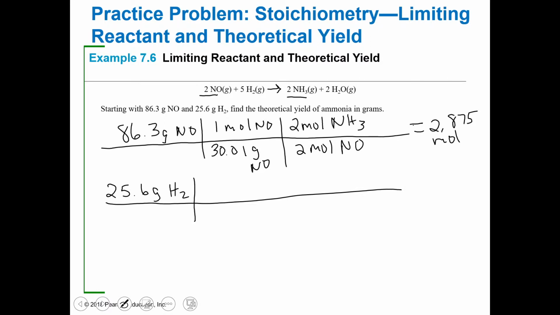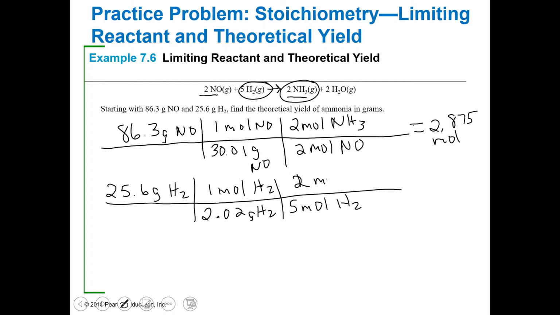Hydrogen gas, molar mass is 2.02. I just added together 2 hydrogens. And then its relationship is 5-to-2. So 5 moles of H2 to 2 moles of NH3.